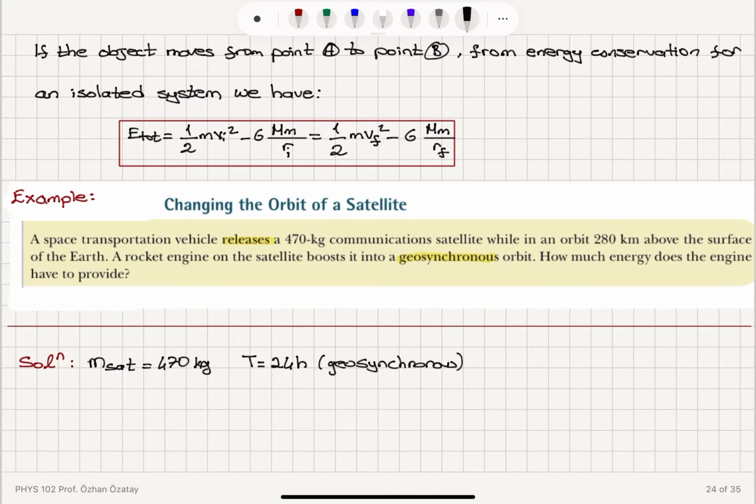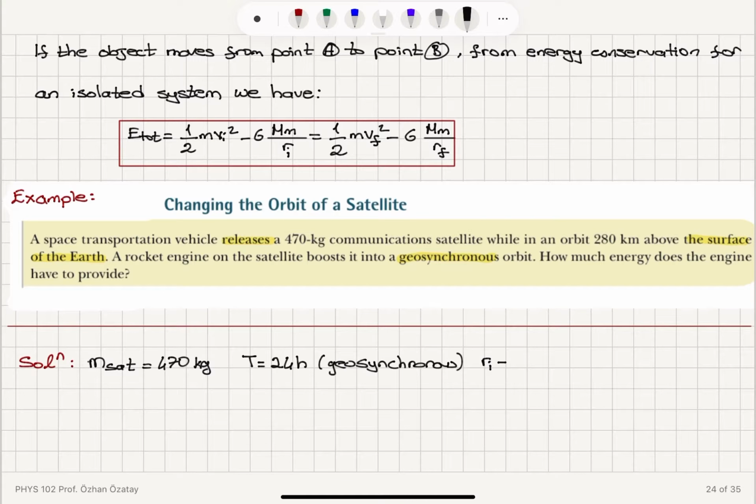Now, we had an initial distance above the surface of the Earth. Let's pay attention to this statement here. So what is the distance with respect to the center of the Earth?